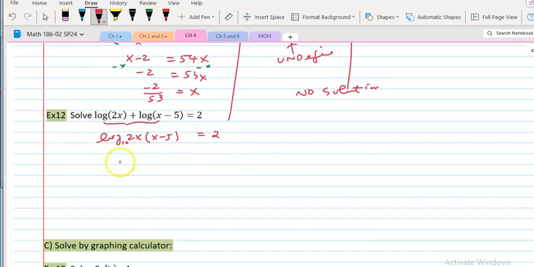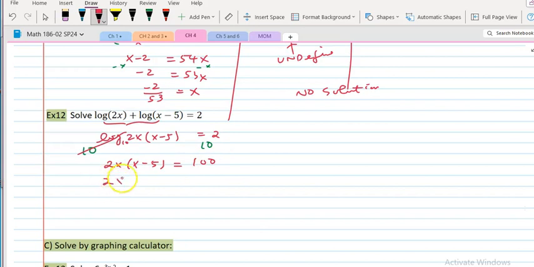This side has nothing, but I can still do 10 to the power because I want to cancel this log. 10 to the power, 10 to the power 2. So after I cancel this, I have 2x times x minus 5 equal to 100.